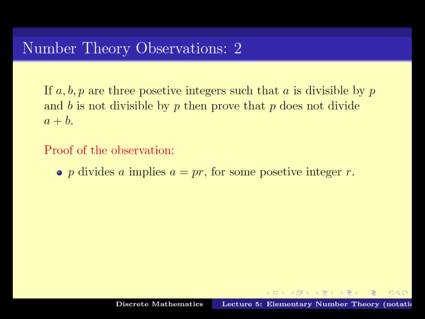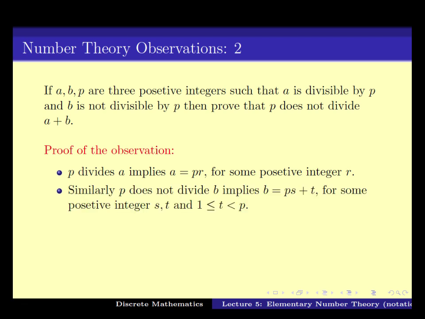So p divides a implies a equals p times r for some integer r. Now p does not divide b, that means b can be written as p times s plus t for some t which is greater than or equal to 1 and strictly less than p. So what is a plus b? a plus b equals pr plus ps plus t, which is p times (r plus s) plus t.